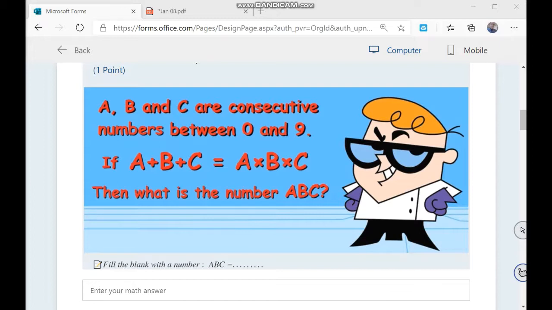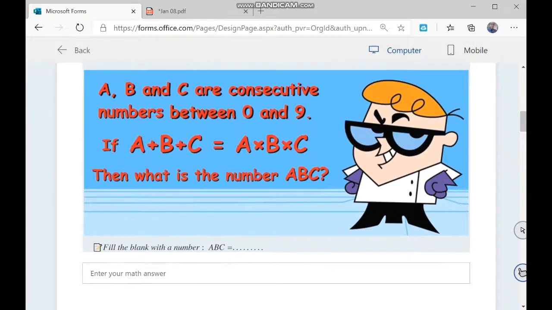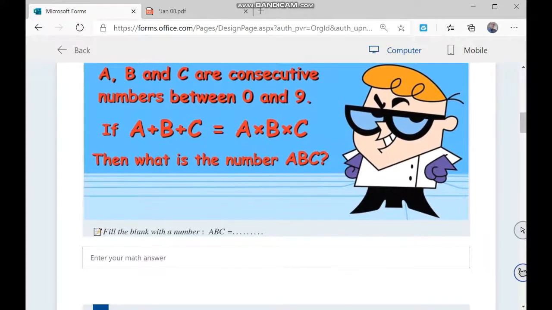So the way to solve this, I think, is this. You can calculate: you can say A equals x, B equals x plus 1, and C equals x plus 2. That's one way. But I think it's better to just guess a few sequences and try them out. If the sequence is 0, 1, and 2, you add 0 plus 1 plus 2 equals 3, and 0 times 1 times 2 equals 0.